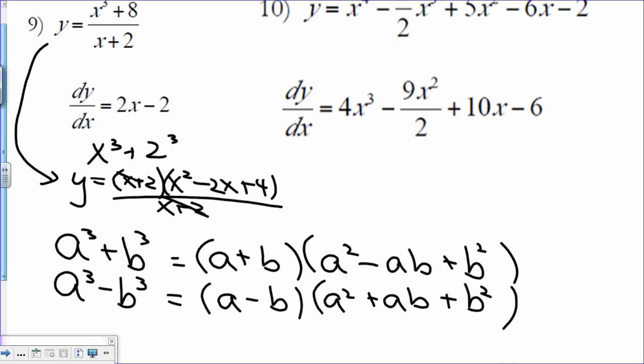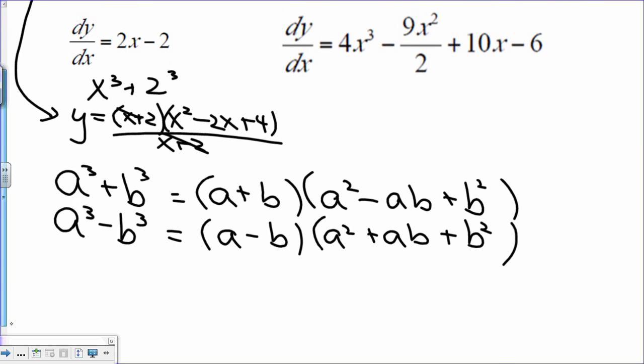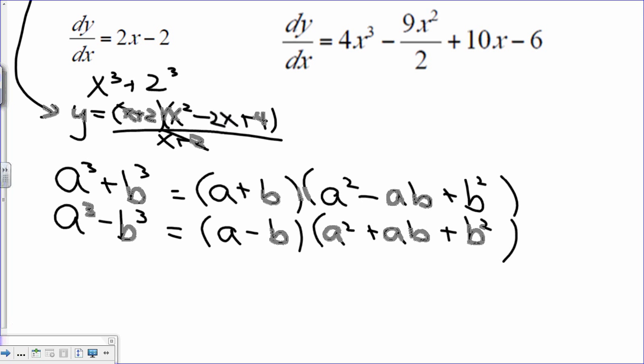If you don't remember how to factor the sum of cubes or the difference of cubes, I put it here to review with you. With squares, you can only factor the difference of squares, right? But with cubes, you can factor both the sum and the difference. And it's actually not a big deal.